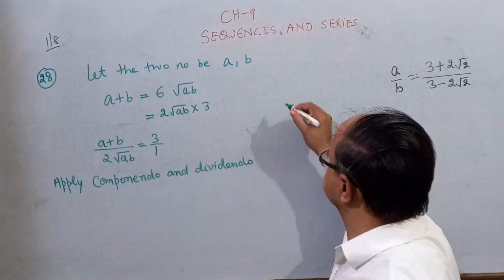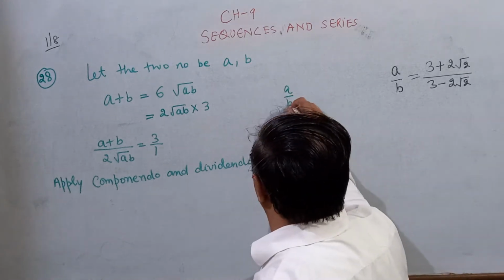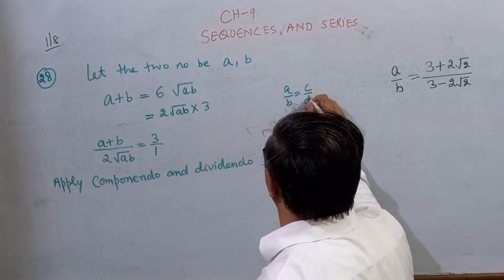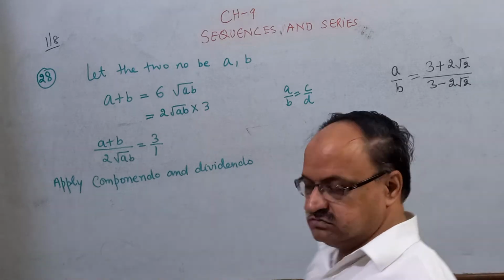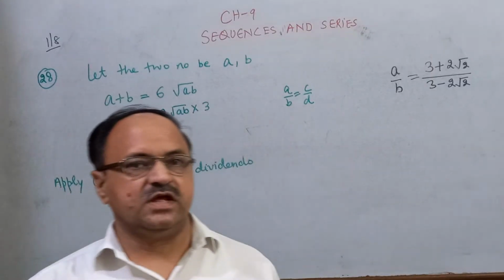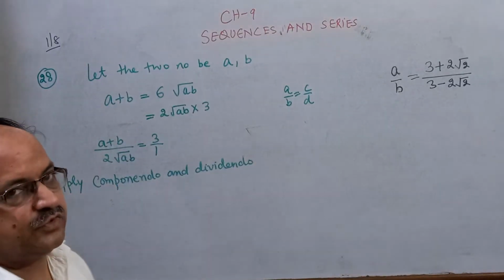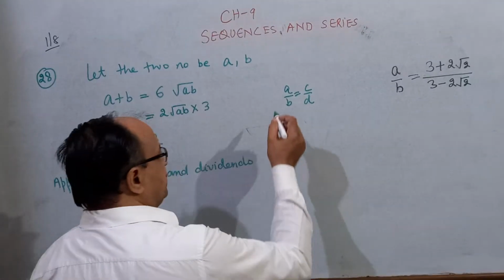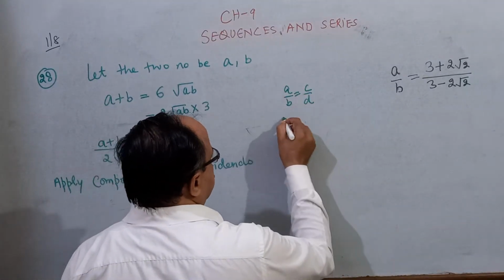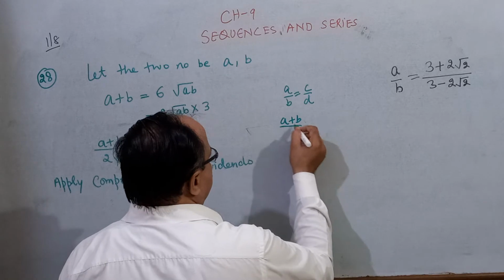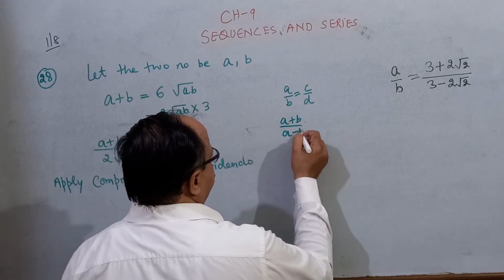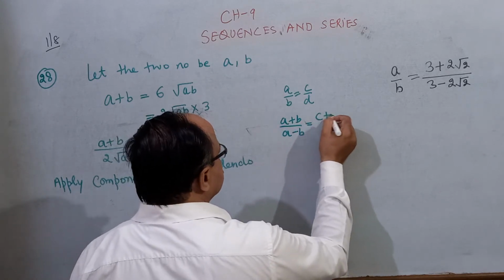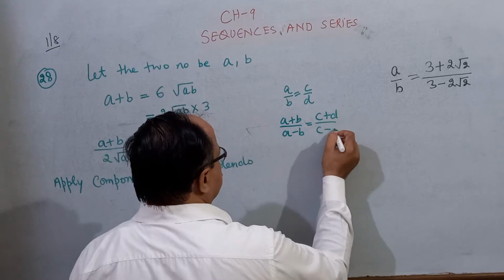For example, A by B is equal to C by D, and we want to apply componendo and dividendo. Componendo means the sum of numerator and denominator, A plus B, and dividendo means their difference, C plus D and C minus D.